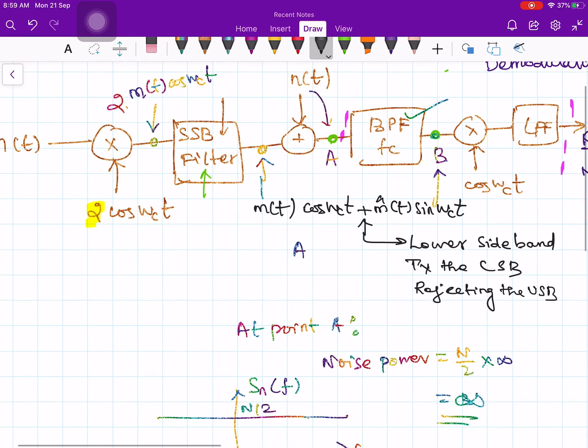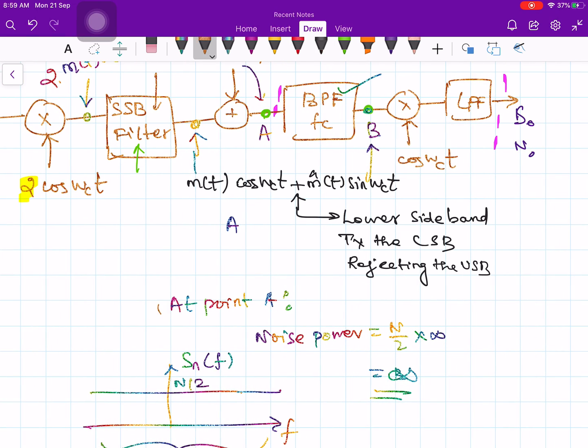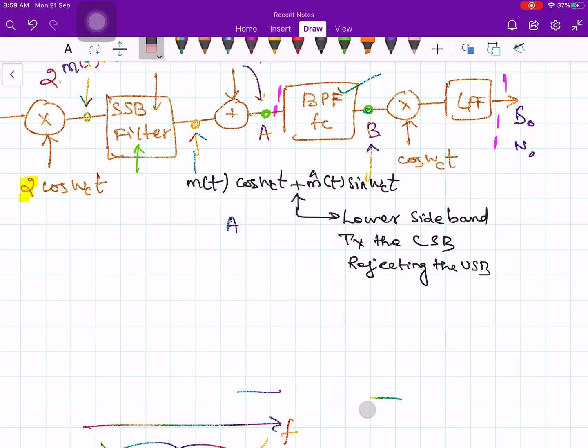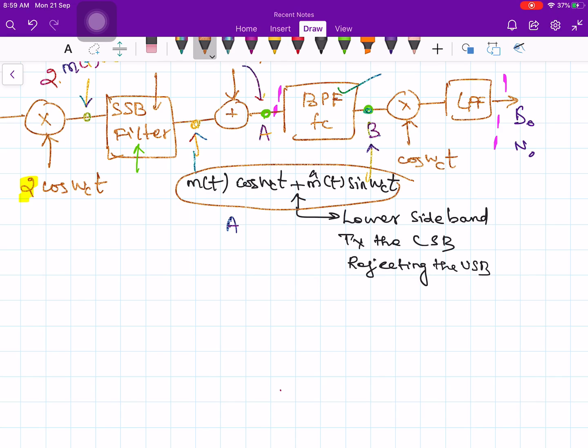And so what is point A? At point A, how do you write the mathematical expression? At point A, this signal is added with the n of t. So let me say this is my y of t. y of t is equal to m of t cos omega ct plus Hilbert transform of m of t, m cap of t, sin omega ct plus n of t.